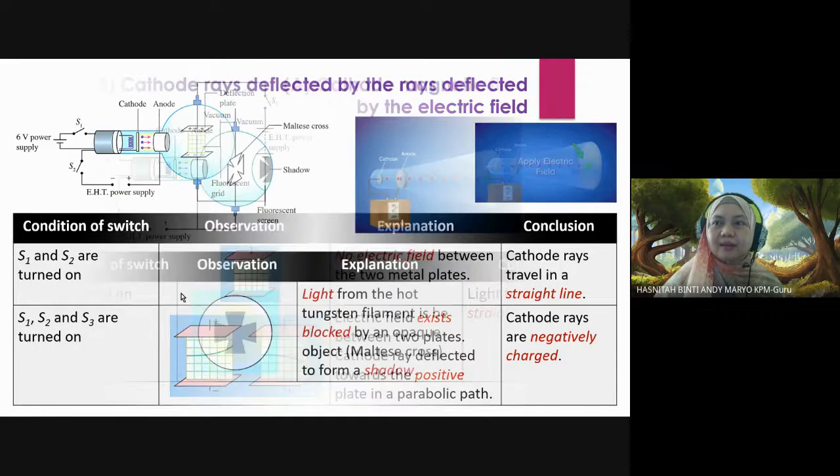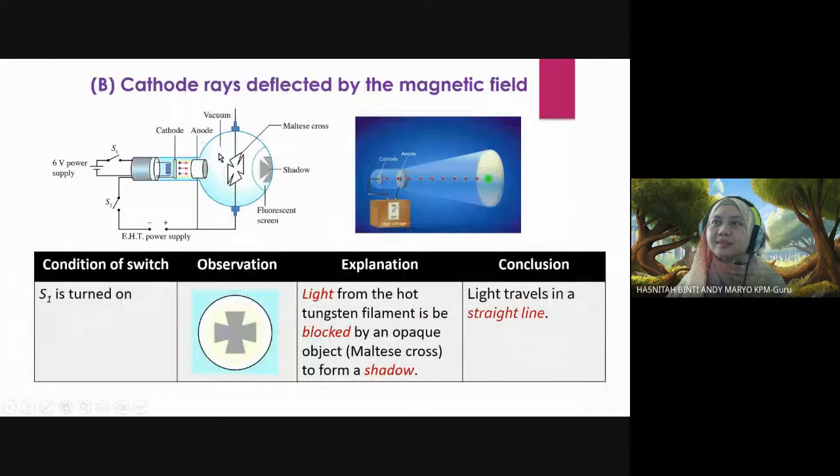Next, we want to check the deflection of cathode ray in a magnetic field. What will happen to the cathode ray once we place it in a magnetic field? Actually, it is similar to what you learned before in 4.1. What happened to the conductor, to the coil, when we placed it in a magnetic field?